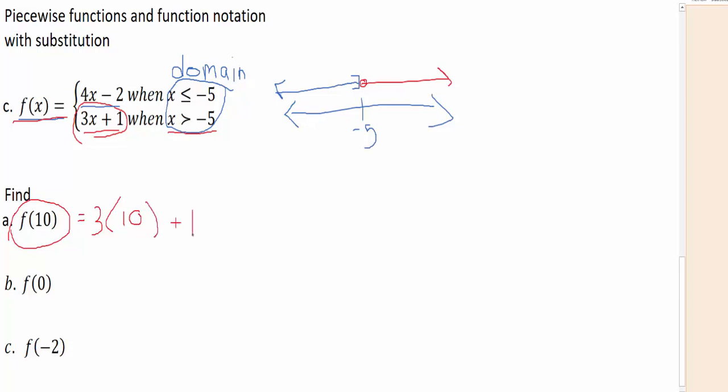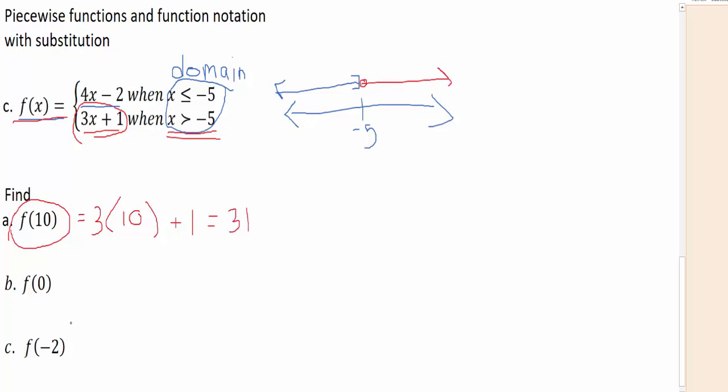I have a lot of students who want to try and plug in 10 into both functions, and they think there's 2 answers. No, you have to look at the domain. Which domain is 10 a part of? It's a part of the domain of the lower function. It's not a part of the top function at all, because the top function stops at negative 5. Okay, so that equals 31.